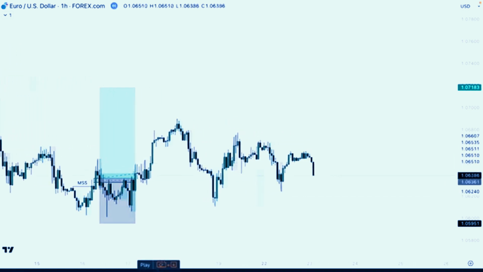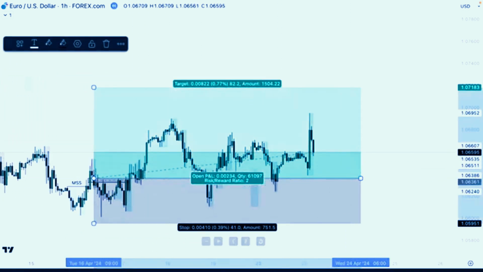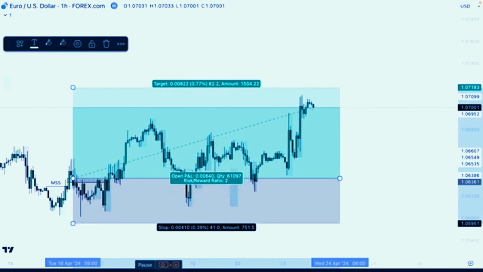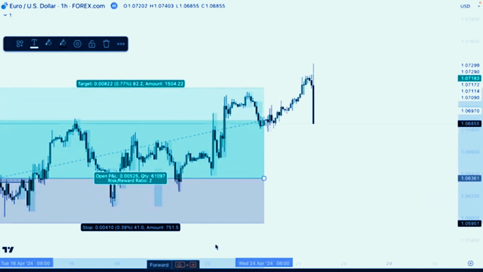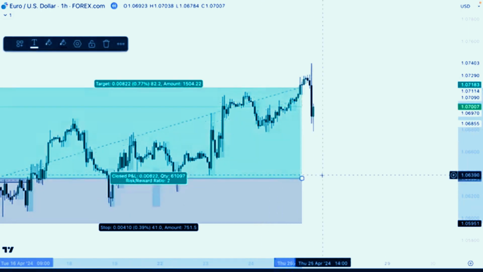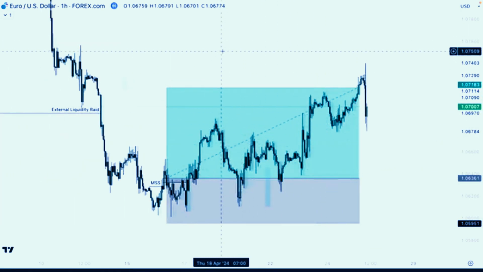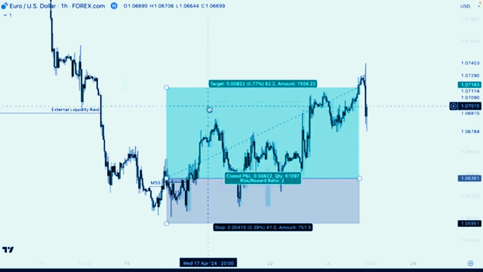This is a swing trading strategy. And we are out of the trade. With the strategy, you can decide if you want to go break even on a 1-to-1 and take partials, or if you want to leave it and hold until a 2-to-1 is hit.